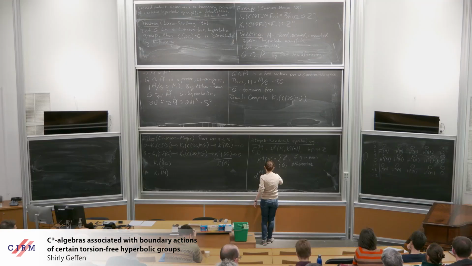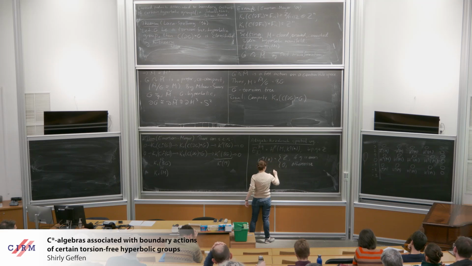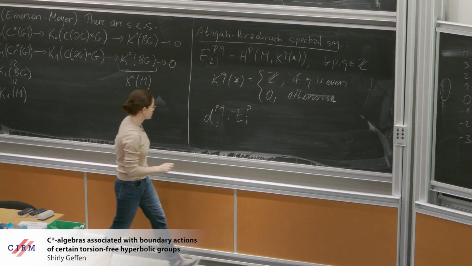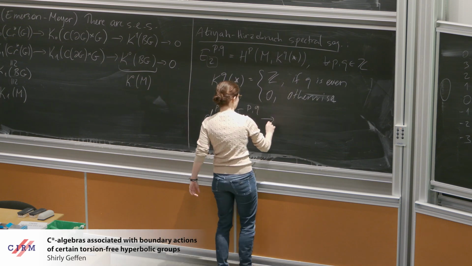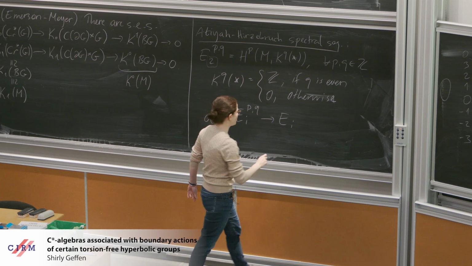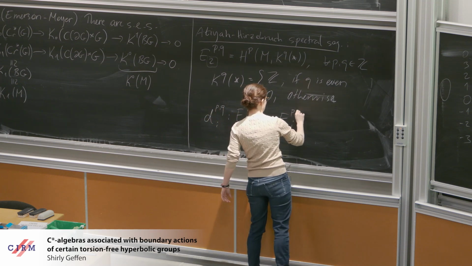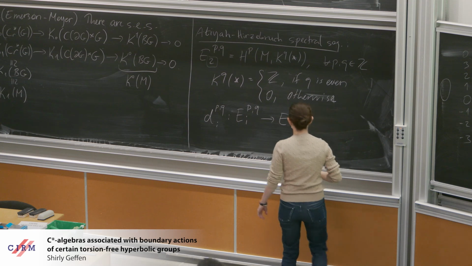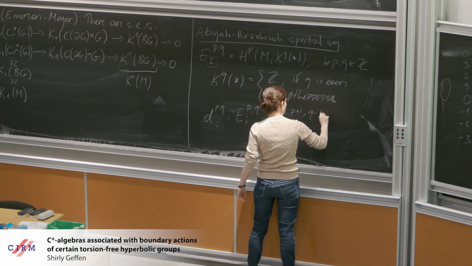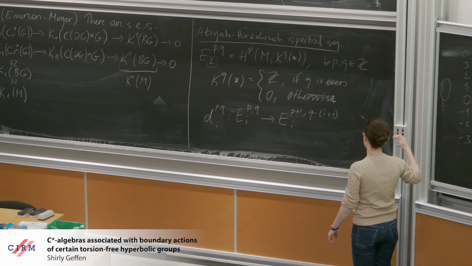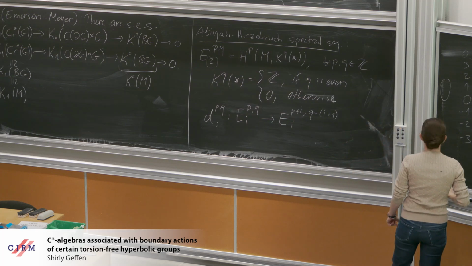Or more generally, from the (p, q) coordinate to the p plus i coordinate, this means i steps to the right, and i minus 1 down.